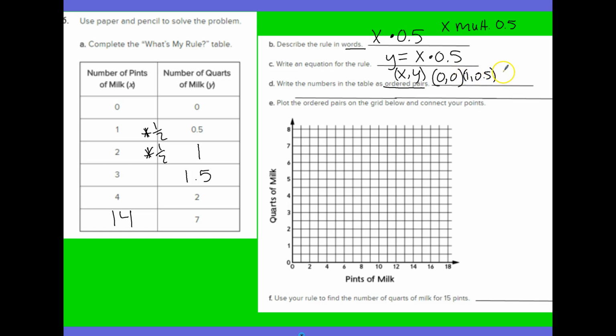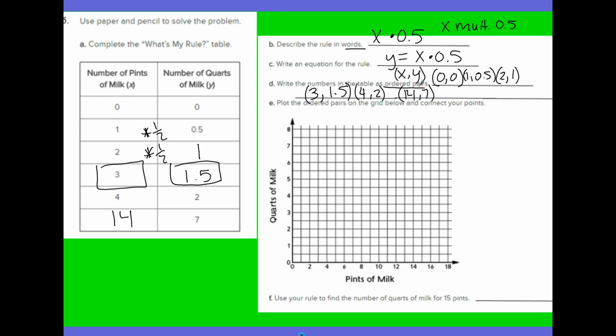The next one is 2, comma, 1. I'm getting these because I'm looking at my x and my y right here on my table. The next one would be 3, comma, 1.5. Then we have 4, comma, 2. Then we have 14, comma, 7.